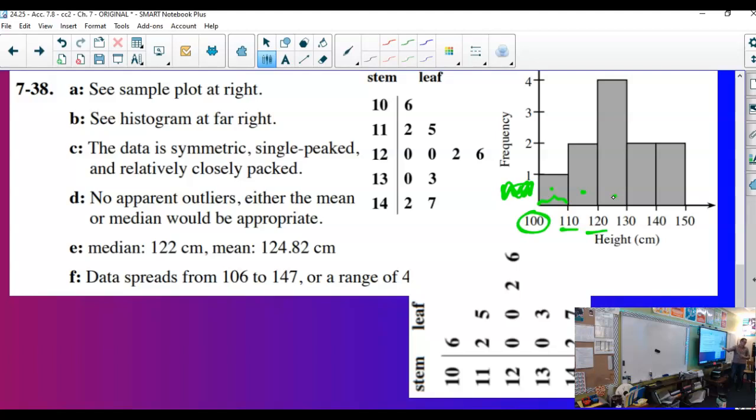So this 130 and these 120s are in the bin to the right of it. How many 130s do I have? 2 of them. Even though 130 is the line, it marks that line, but it goes into the bin to the right.